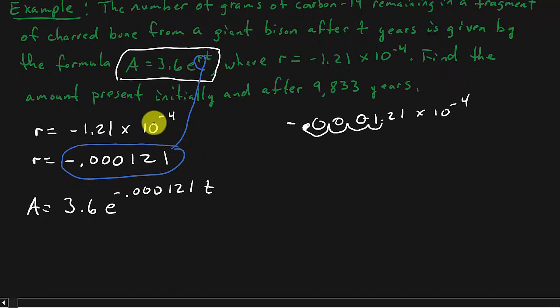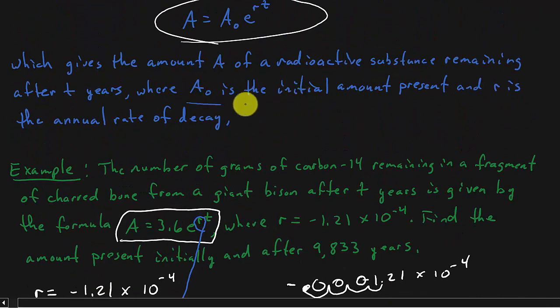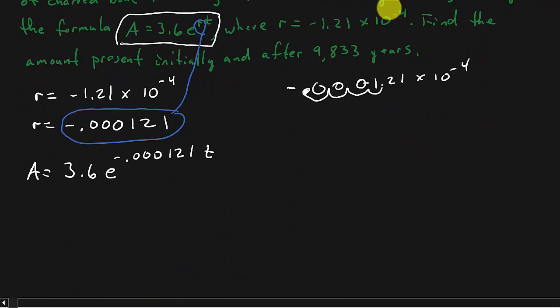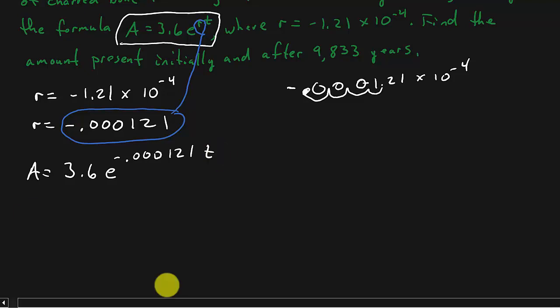Find the amount present initially. So the amount present initially, well, they told us, it's right here. A0 is the initial amount present. That's just that number in front of e. That's the number initially. So we can see that would be 3.6 grams. But let me show you how that works. Basically, the amount present initially, that's the amount present at time t equals 0. That's when t is equal to 0.